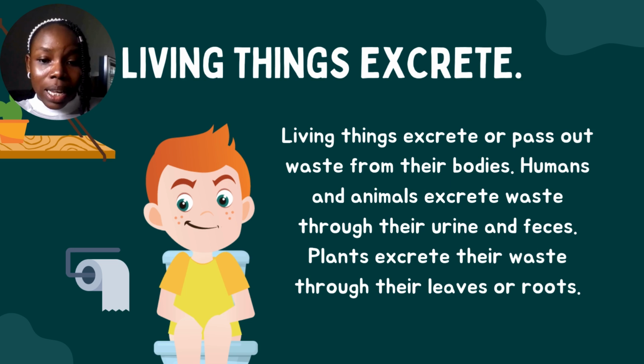Plants excrete their waste through their leaves and roots. Some of the waste plants remove is oil, resins, carbon dioxide, oxygen, and water. So before you can say something is a living thing, it must have the ability to remove waste products from its body.